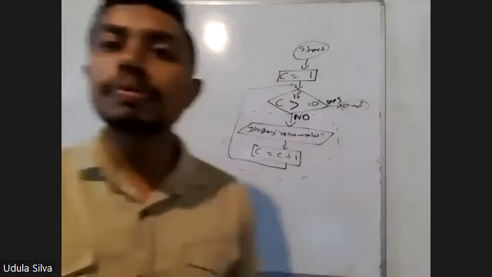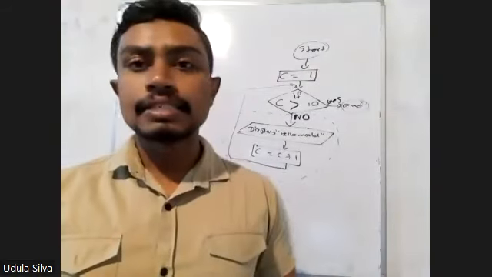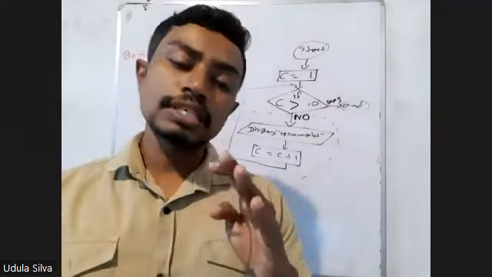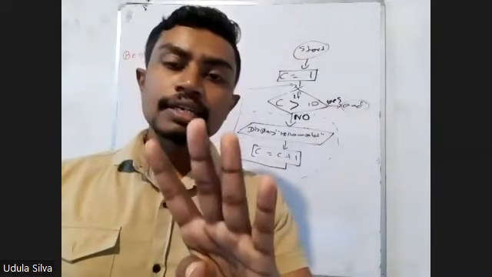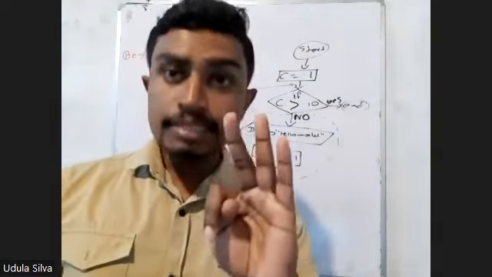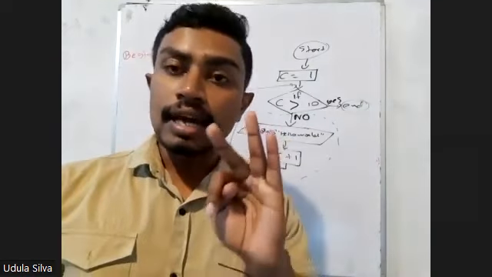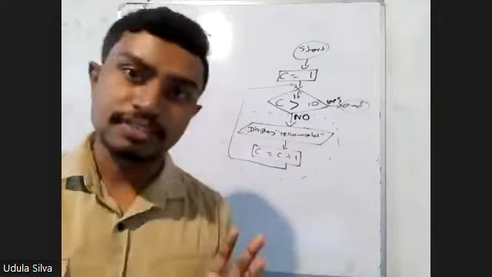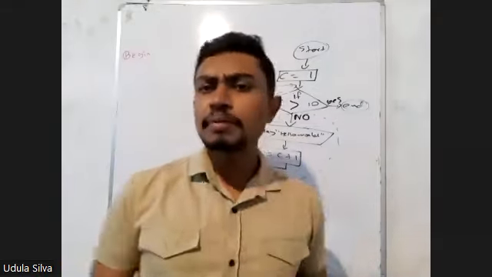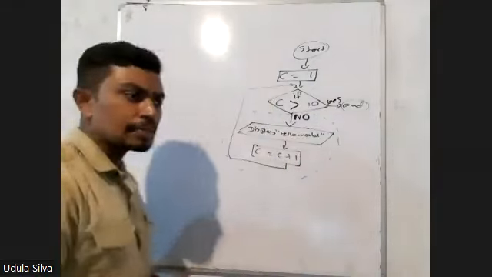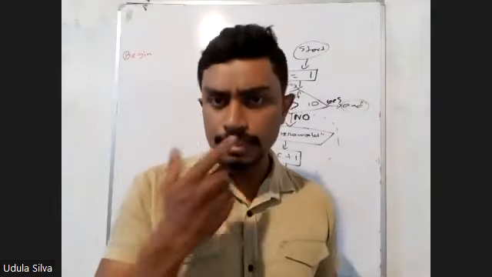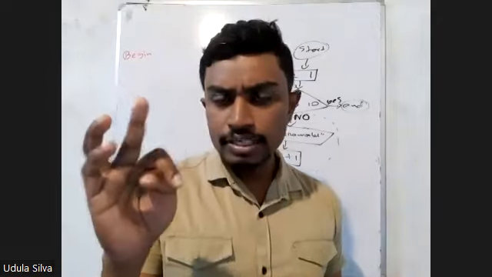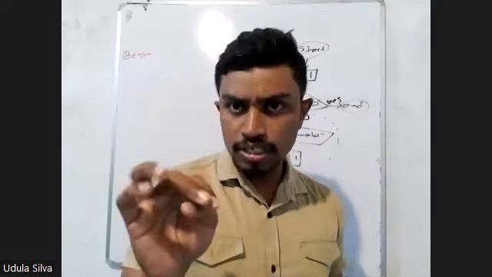Okay, in the for loop, children, it is like this. In the for loop, we have to give the increment, the range, and the starting value all at once. How do we give that? Like this. In the while loop and repeat until, do you remember, we gave three things: the starting value, the condition and the increment, to create the repetition.